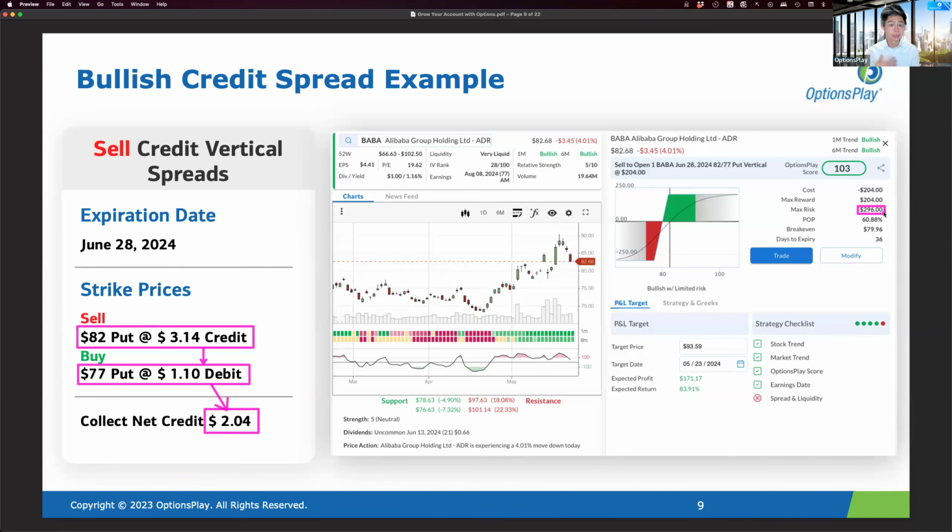So by collecting $1 less, I'm reducing my overall risk here by over $7,500. And that means that in terms of margin requirements, I only need $296 per contract in order to trade this strategy instead of the $8,000 that I need in terms of margin requirements to trade the naked put.